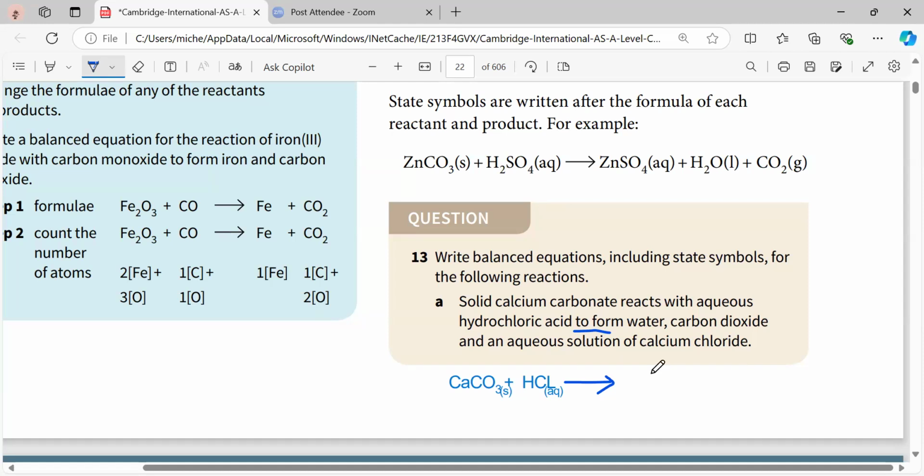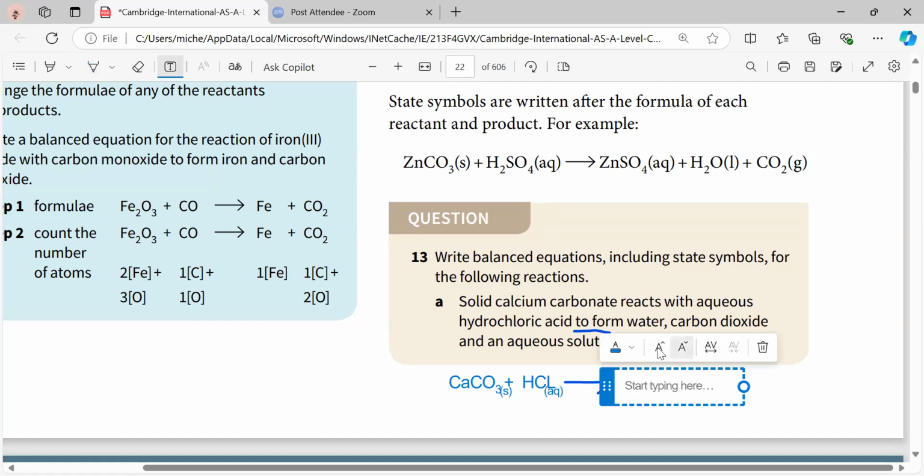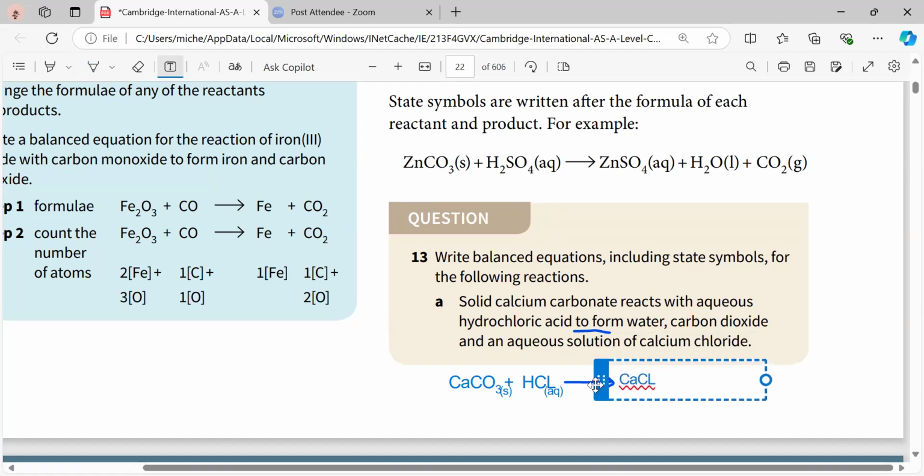So it's basically solid, aqueous, liquid, and gas, something like that. So we know that it's an aqueous solution, meaning this calcium chloride is aqueous. And calcium chloride, we're going to write this down right here.